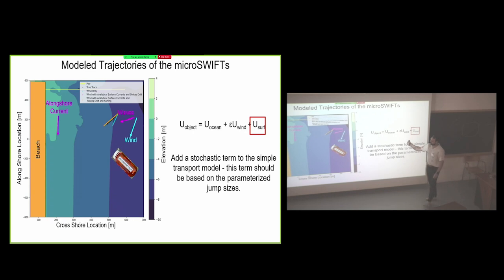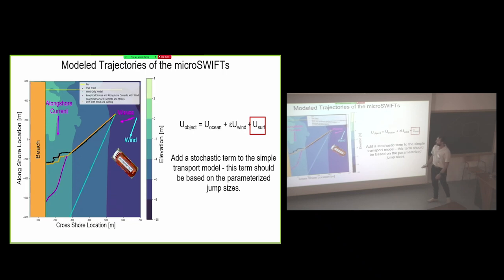The jumps are not variable yet, so this is just a first pass. We have a fixed 0.78 times the mean period. We might need to add some variability and randomness in our jump size, but for the most part, it does pretty well compared to our actual true track. This is adding in this sort of stochastic or random term to this model.